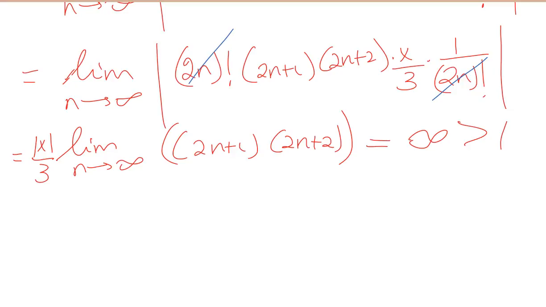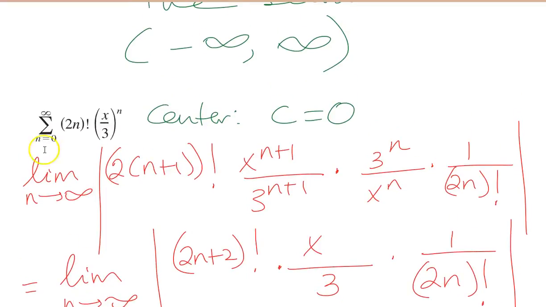Then you might say, what about when x is 0? Because 0 times infinity is not necessarily infinity. When x is 0, in other words, when the center is 0, we know that the series converges. Why? Every power series converges at its center.